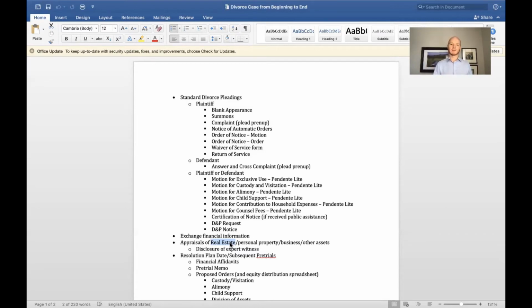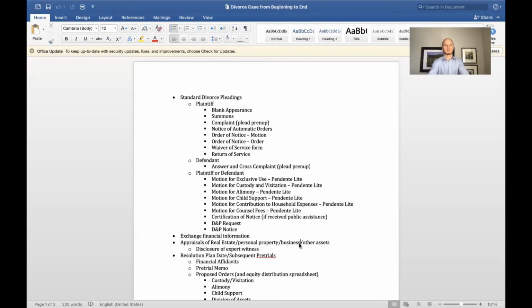But the point is, to get a full understanding of the financials, you may want to go out and get an appraisal on a house, or sometimes people have very expensive personal property, jewelry, paintings, things like that, where you need to get an appraisal to understand what it's worth. Or one of the spouses may own a business, so we may need to go out and get a valuation of the business.